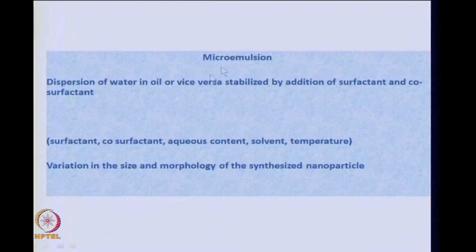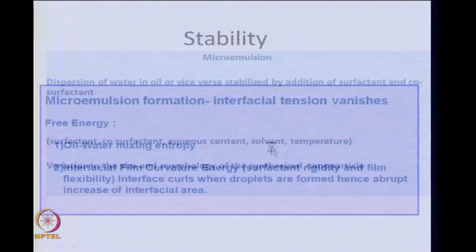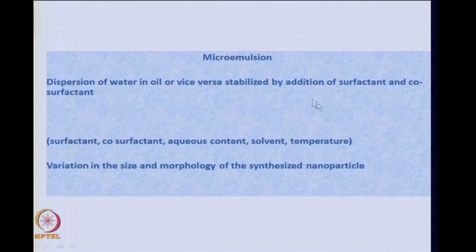So, to form a microemulsion, you can vary the surfactant, co-surfactant, the water content, the solvent or the oil phase or the non-aqueous medium, and the temperature. All this will affect the size and morphology of the surfactant aggregate, and hence any synthesis of nanoparticles will be affected by the variation in the size and morphology.